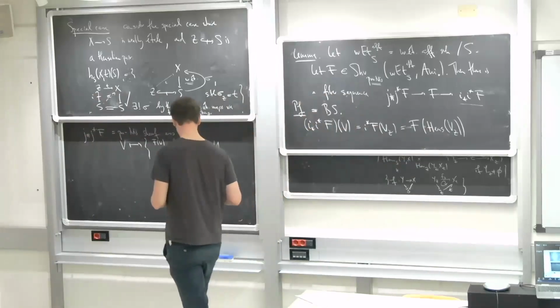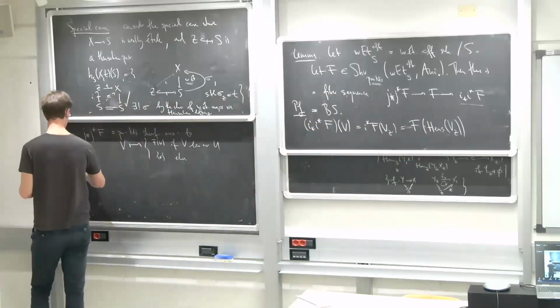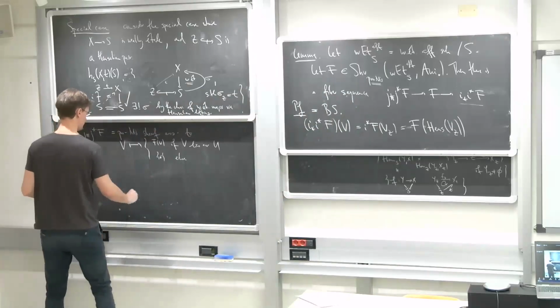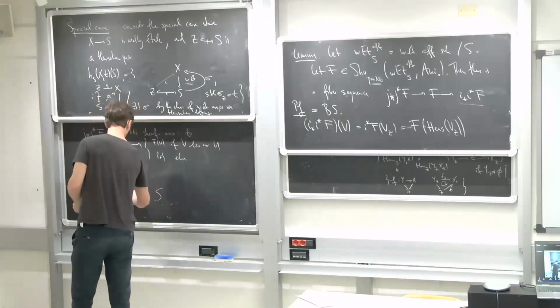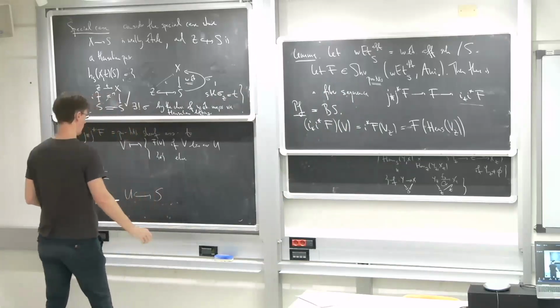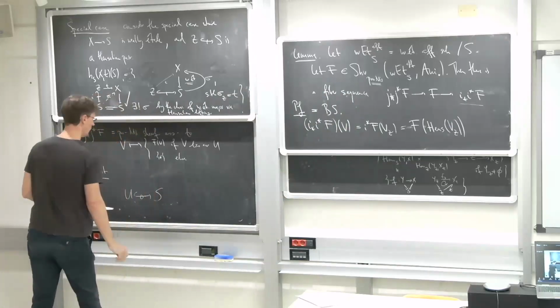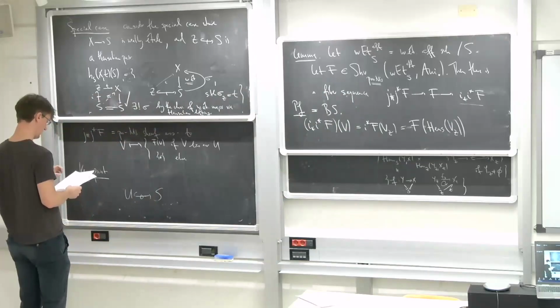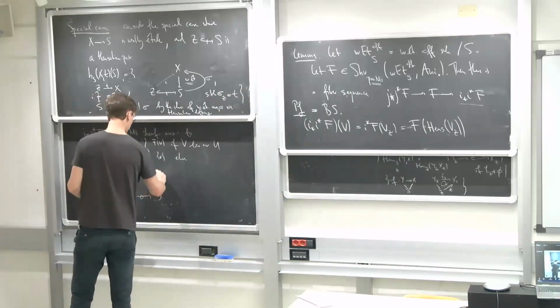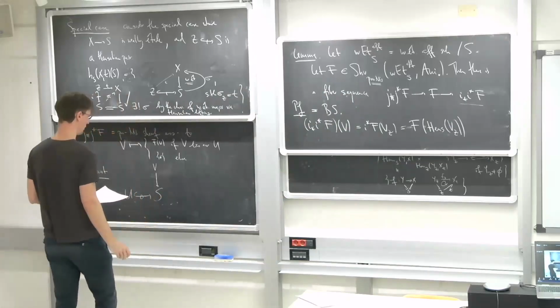The key is now the following thing. So key point is the following. So we have this S, we have this U, and over here we have this V. Okay.